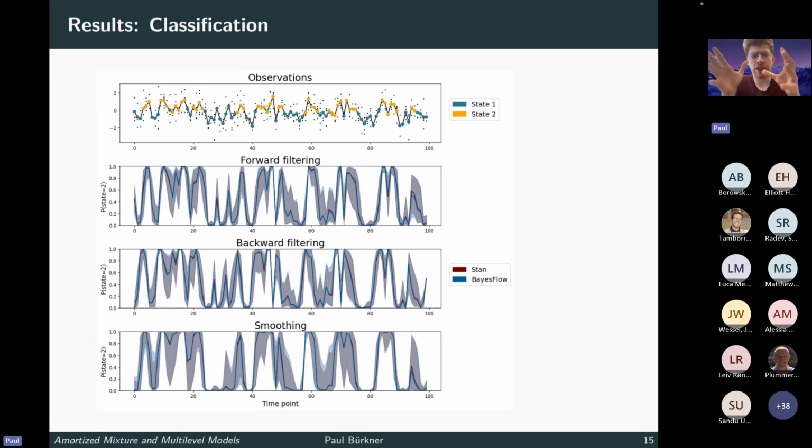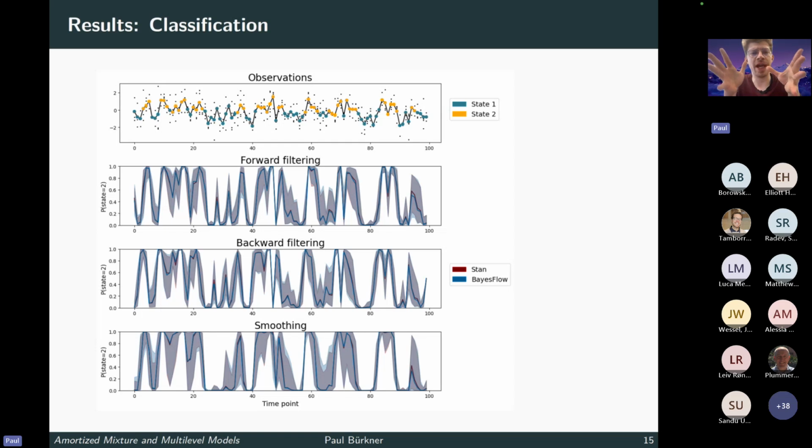Without going much into the detail of the difference between filtering and smoothing, we do see that the posterior predictions with respect to the mixture components per observation of STAN and BayesFlow align perfectly, regardless of what kind of filtering and what kind of dependency assumptions we put into the model.